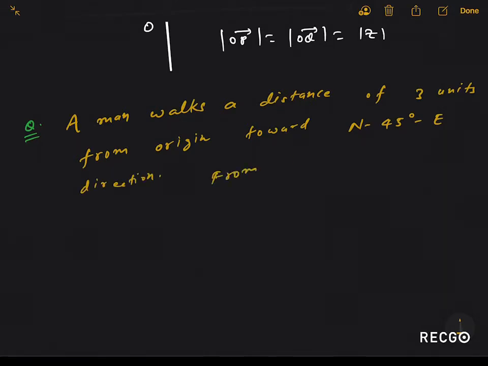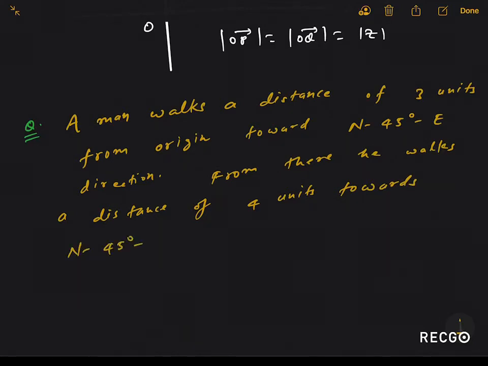Further, from that point he walks a distance of 4 units towards north 45 degrees west, that is northwest, direction in the complex plane, and then the man reaches a point B.